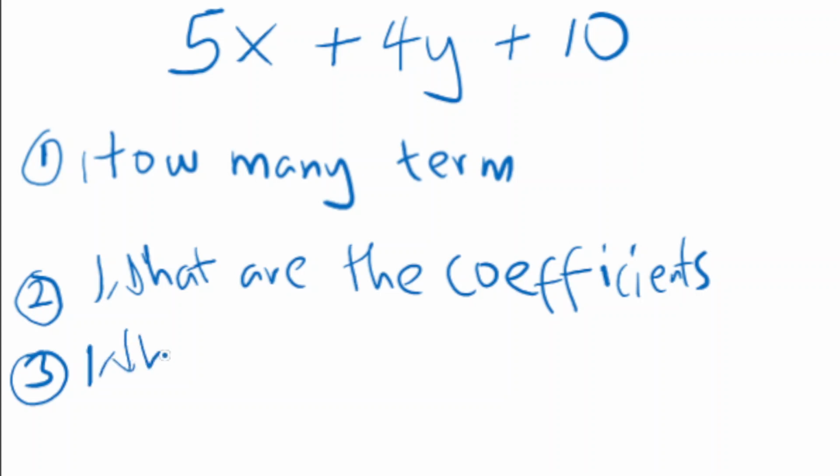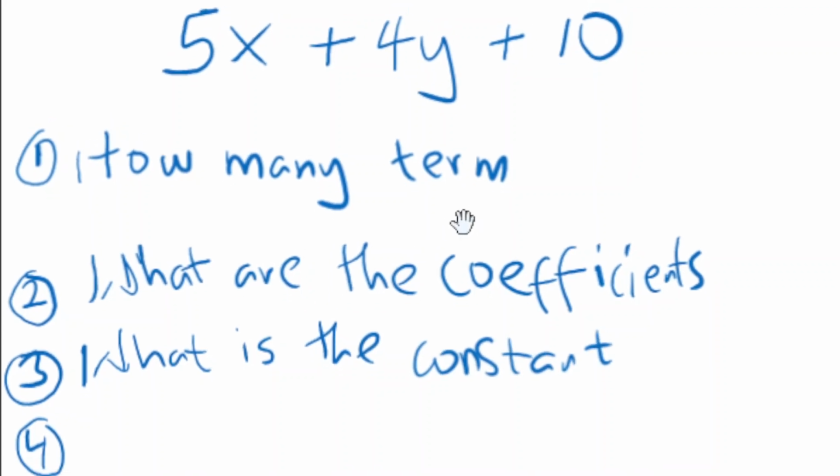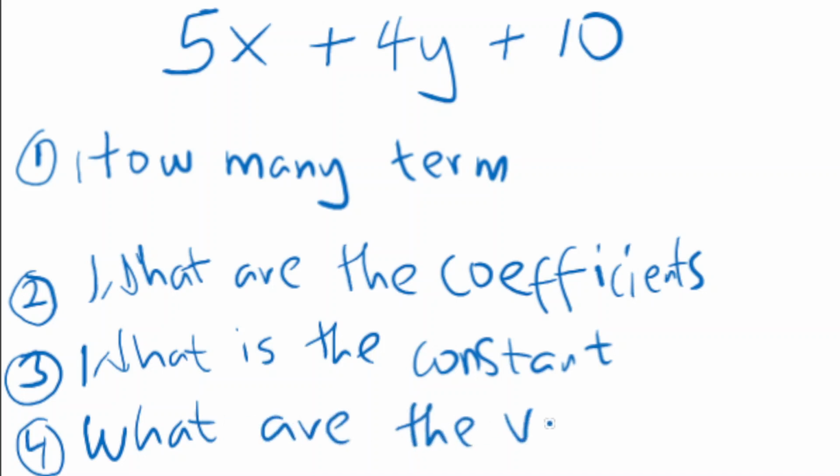What is the constant? What are the variables?